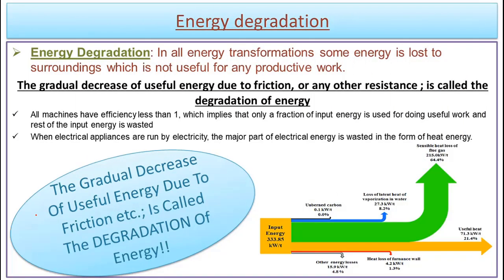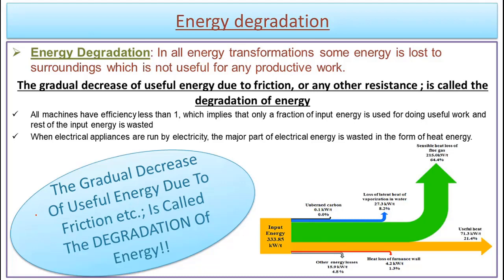Now, let's discuss energy degradation. In the previous part of this video, I was talking about the transformation of energy. And in that, I said when the energy is transferred from one form to another form, the total amount of energy remains constant, which is also stated by the law of conservation of energy. But if there is no loss of energy, then how can we say that there is a degradation of energy?